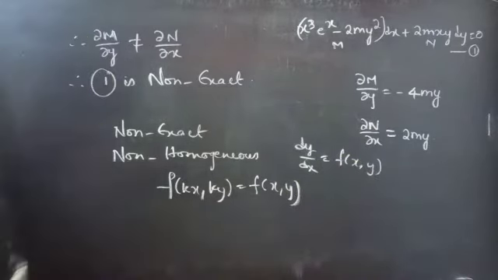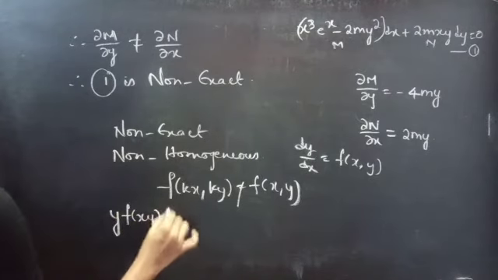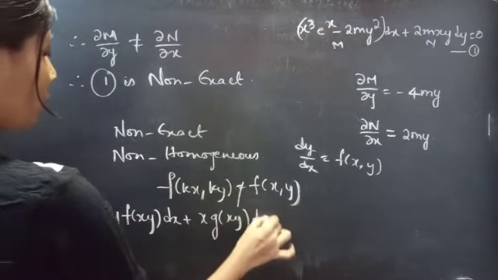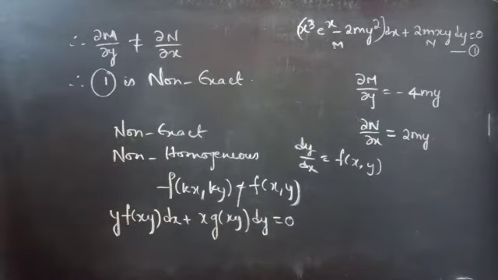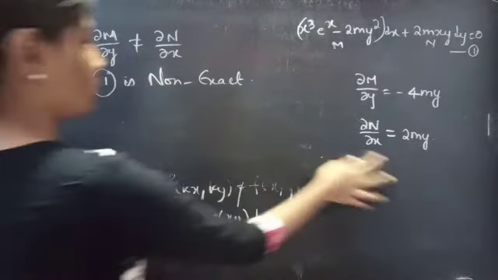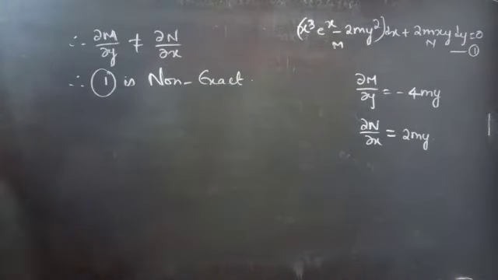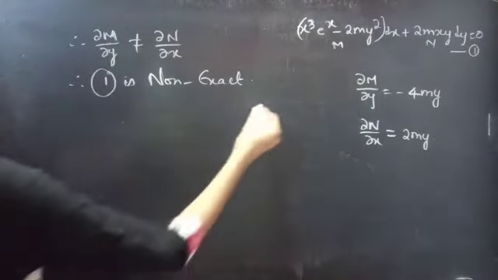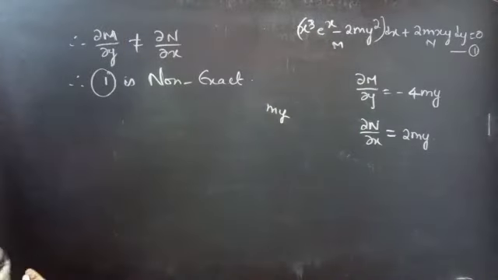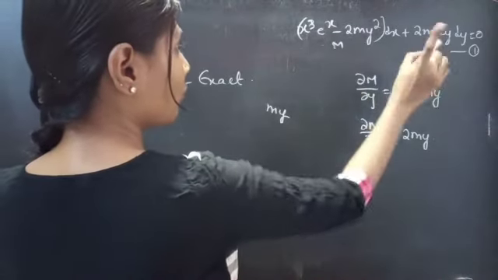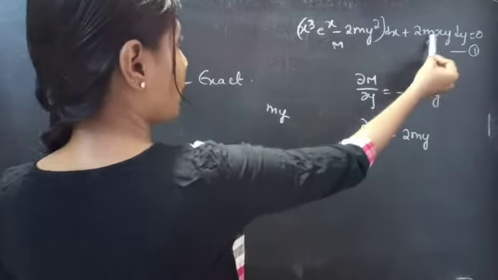Now, the given equation is also not in the form of y f(xy) dx + x g(xy) dy = 0. Right? Now, by looking at this, we can say that the difference of these two will be a term in my. Also, in M you have two terms, and in N you have only one term involving m and y.